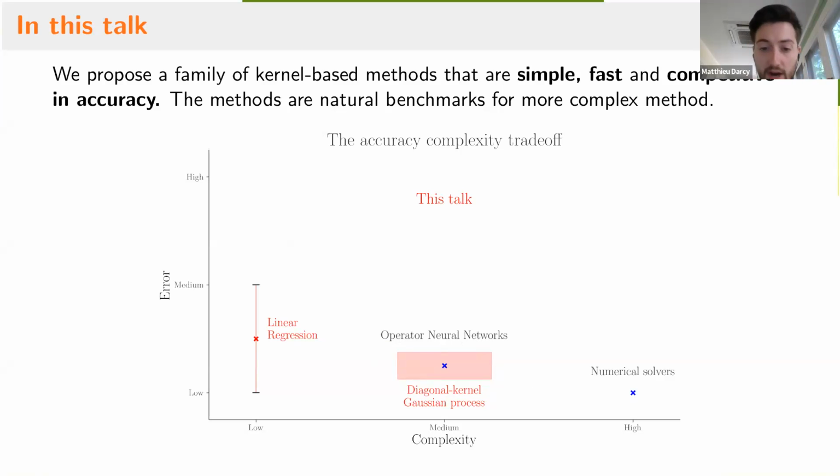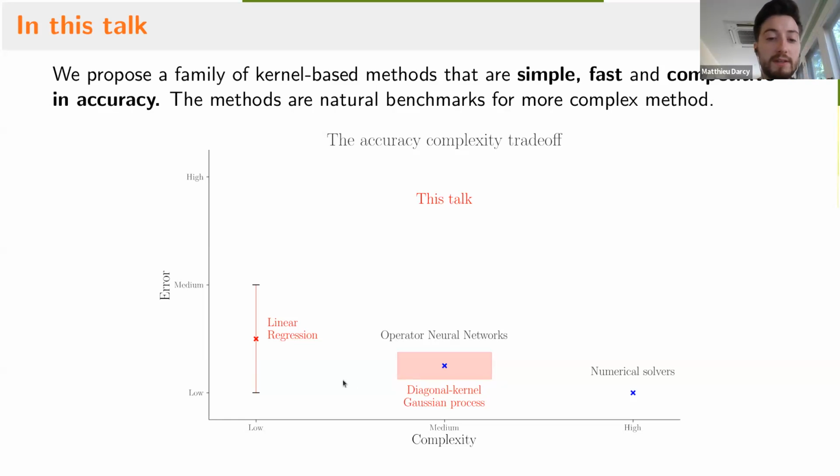In fact, I'm going to argue that often they are better than these operator neural networks. They have the virtue of being very simple and fast to implement, and therefore are very natural benchmarks for more complex methods. Before trying an operator neural network, I'm going to argue that our method should be the first thing you try, because it's very easy to implement and it'll give you results very quickly.